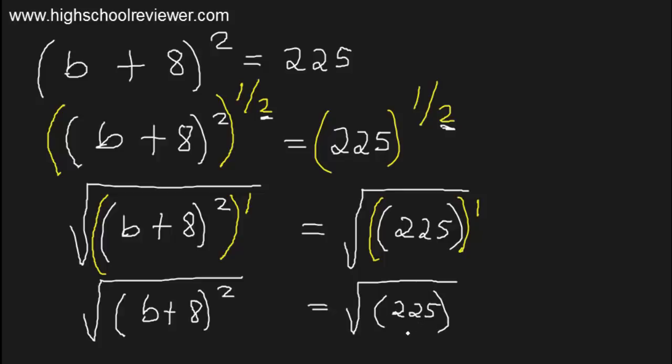Okay, so we have here the square root of b plus 8 raised to 2 equals the square root of 225. Now, the square root of b plus 8 raised to 2, so 2 divided by 2, that would be b plus 8. And the square root here of 225, that will give us plus minus 15.